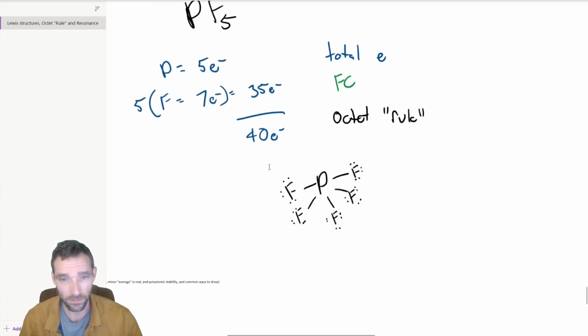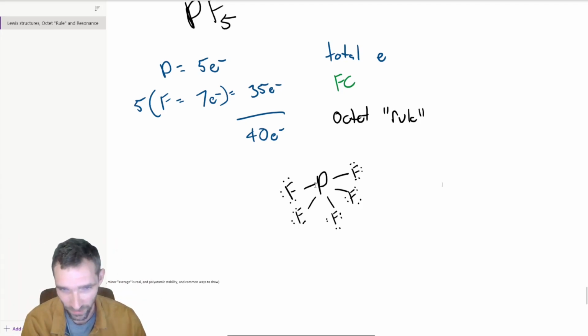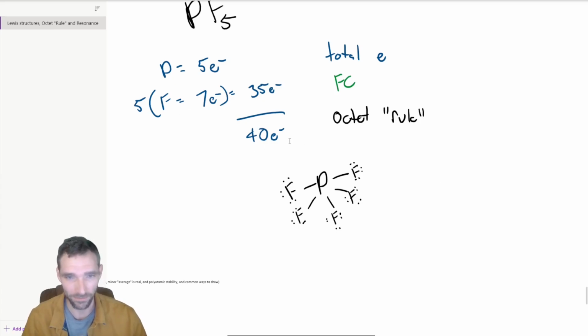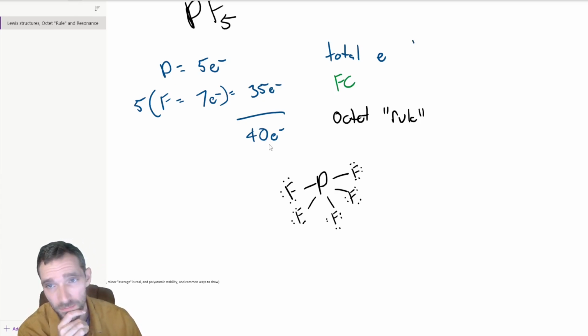If we count this out, what I would recommend doing is doing like 8 times 5, because we've got 1, 2, 3, 4, 5, 6, 7, 8 like spokes on a wheel. And if we do 5 times 8, we should get 40. So that does look good in terms of the total number of electrons.